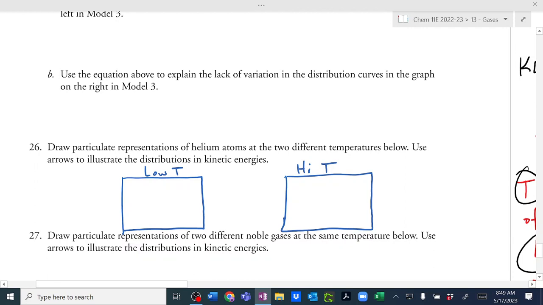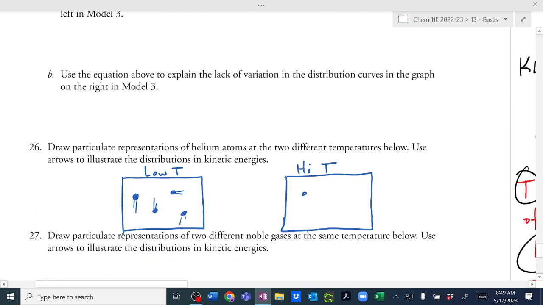So at the low temperature and at the high temperature, if you're drawing a particle diagram, basically you would draw some particles in there and you would be like, okay, at the low temperature, they're moving not very fast.